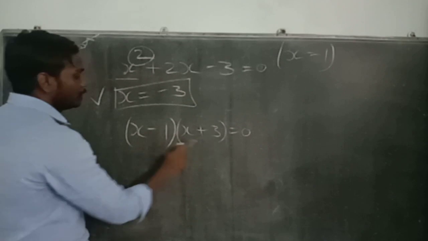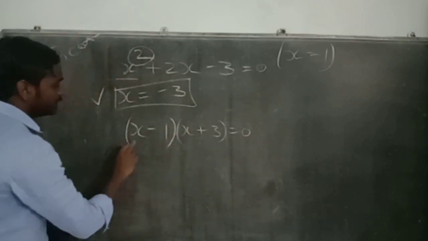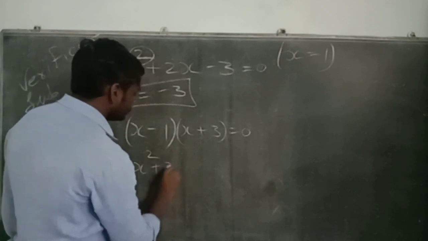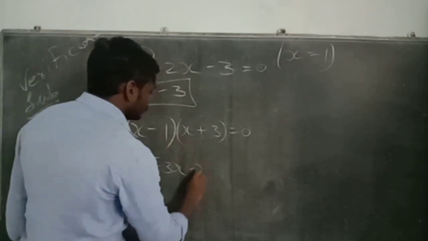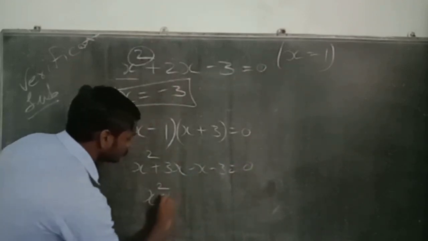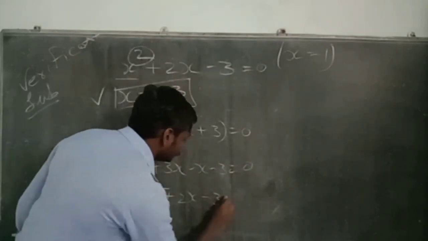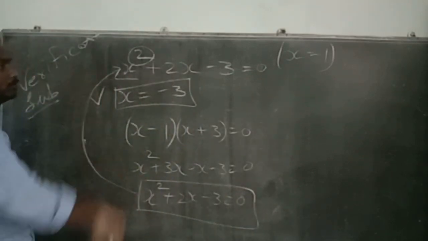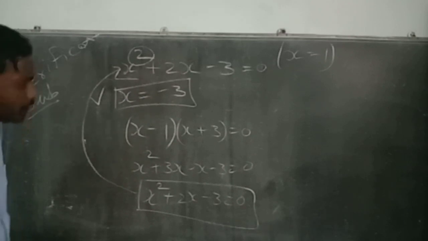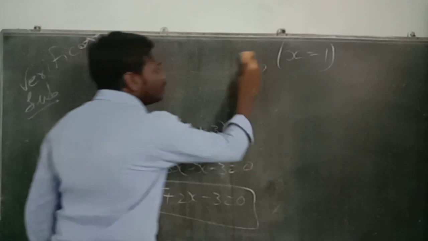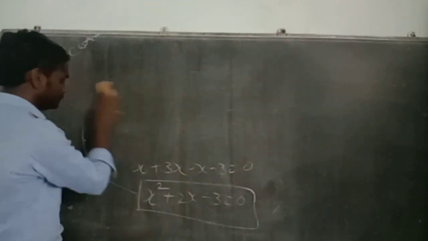By multiplying these two, we get x into x, x square, x into 3 plus 3x, minus x minus 3, that is equal to 0. That is nothing but x square plus 2x minus 3 is equal to 0. Did we get the same answer? Yes, right. So solving a quadratic equation using the form of verification is one method.